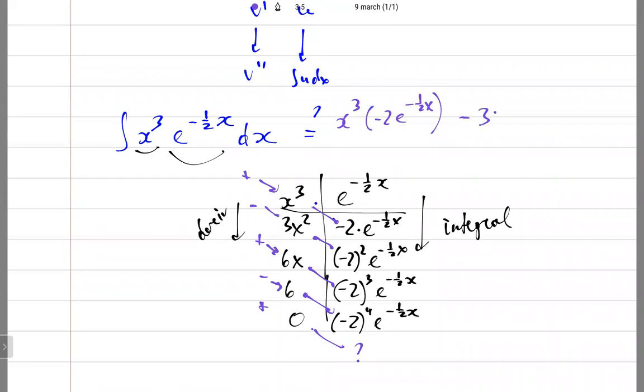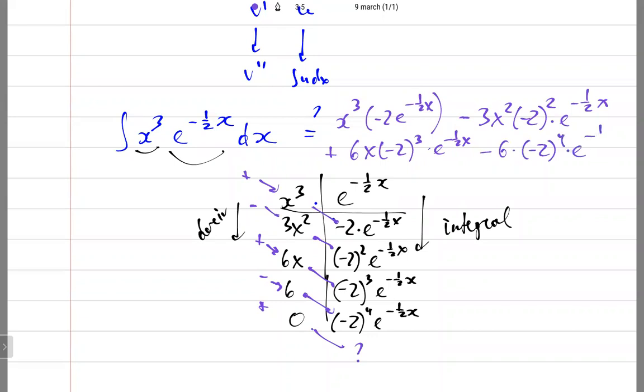Next one with minus 3x squared times minus 2 squared exponent minus 1 over 2x. And the next term with plus 6x times minus 2 cubed exponent of minus 1 over 2x. And then the last one is minus 6 times minus 2 to the power 4 exponent minus 1 over 2x, plus constant.